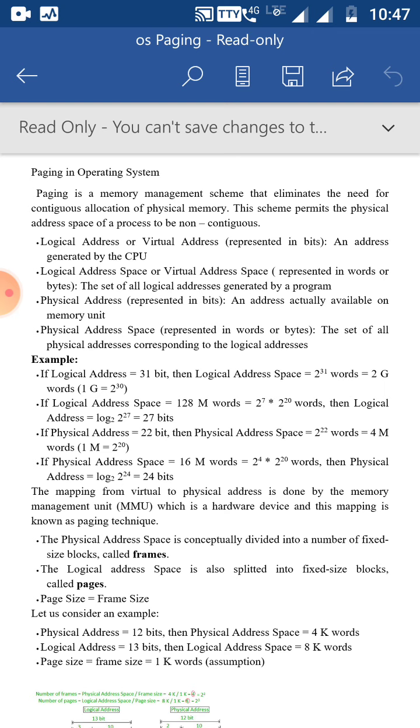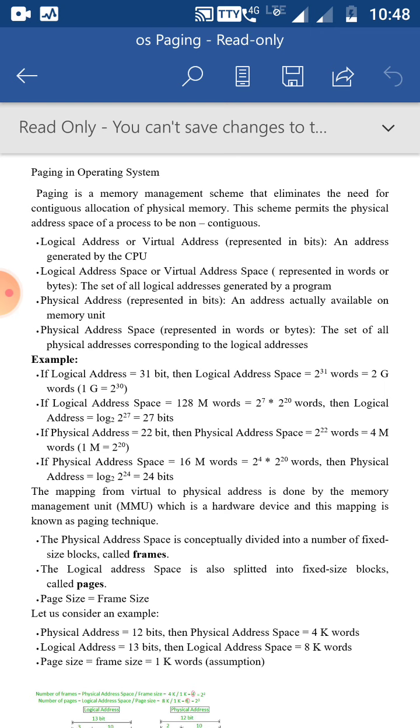So page number 1 is loaded in frame number 10. Very clear? Page 0 is stored in frame number 5, so page number 1 is stored in frame number 10. Okay, so page number 1 is available in frame number 10.